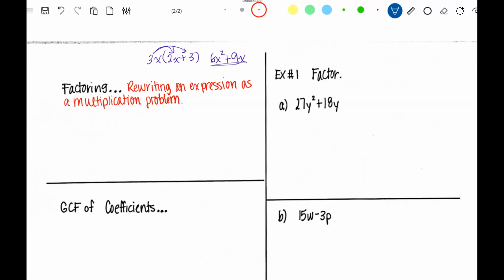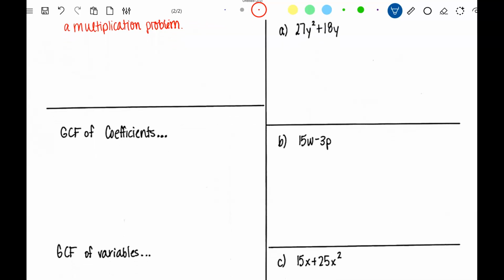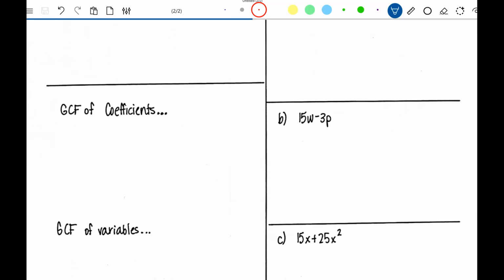The first type of factoring we're going to do is factoring by using the greatest common factor.